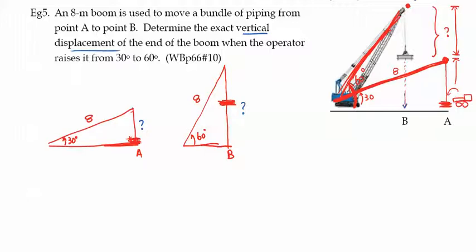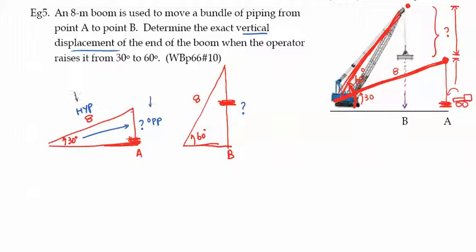So for the first triangle, this is the line we are trying to find right away. It is opposite to the angle given to us. 8 is the hypotenuse. It is the longest side on your triangle.